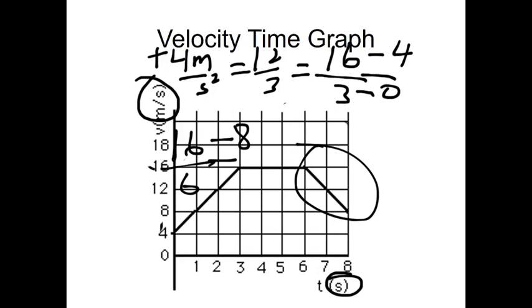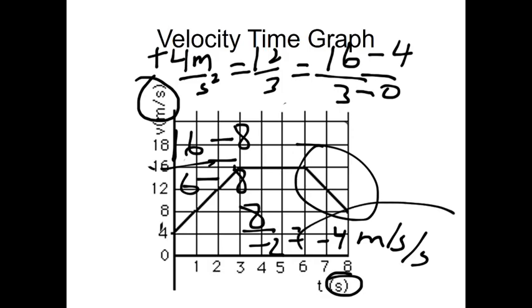So 16 minus 8, change in y, over 6 minus 8, change in x. So that gives us 8 over minus 2, which equals negative 4. Negative 4 meters per second, or negative 4 meters per second squared. And remember, what that unit means is that each second, the speed of this object is changing by negative 4 meters per second.